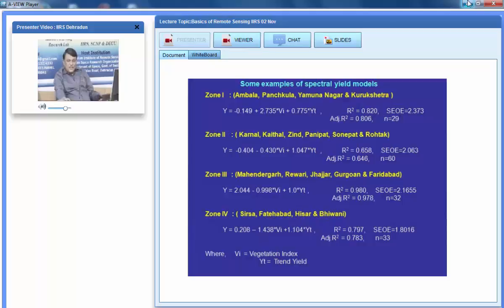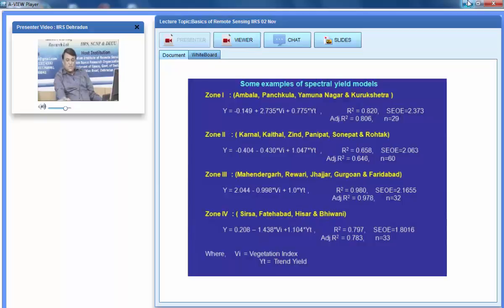So there is a linear trend. This linear trend one has to incorporate along with the vegetation index as a variable to develop a more accurate spectral yield model. These are for different zones of Haryana, with different models developed based on the vegetation index and the yield trend.